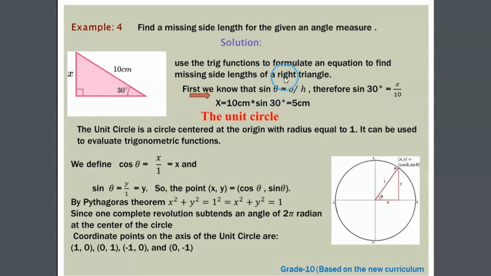Therefore we know that sin theta means opposite over hypotenuse. Therefore sin of 30 degree, the angle given, is equal to opposite. The opposite side for this angle is how much? The missing side x over the hypotenuse is 10. Therefore sin of 30 degree is x over 10.